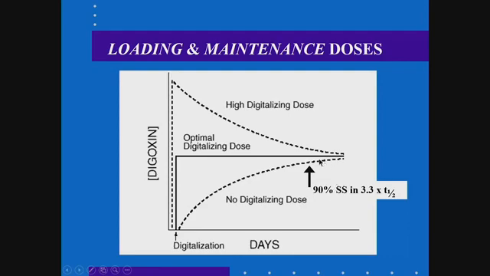And now we're illustrating another useful estimation, namely that 90% of the steady state level with continuous drug administration will be achieved in approximately 3.3 half-lives for that particular drug.